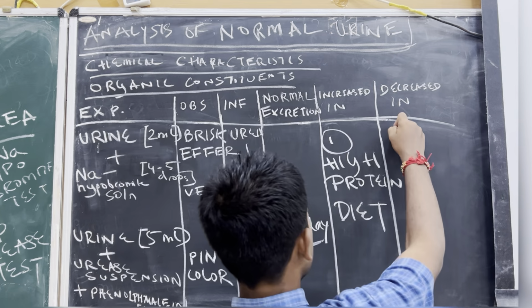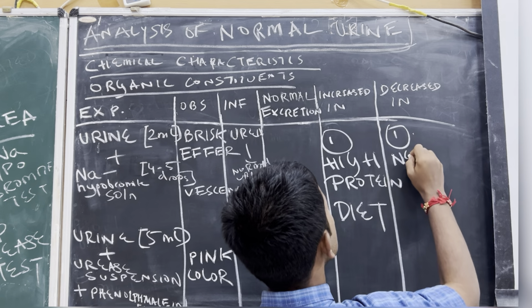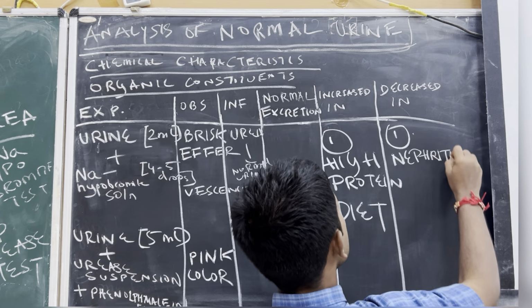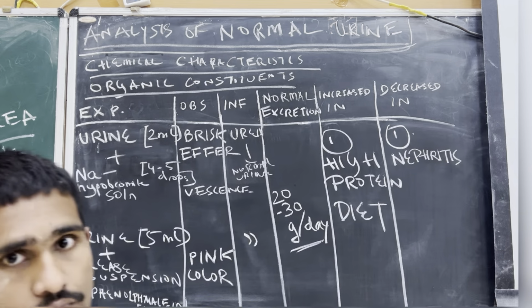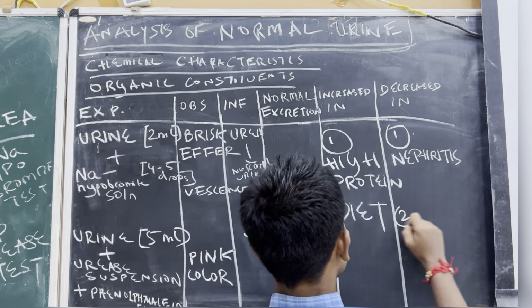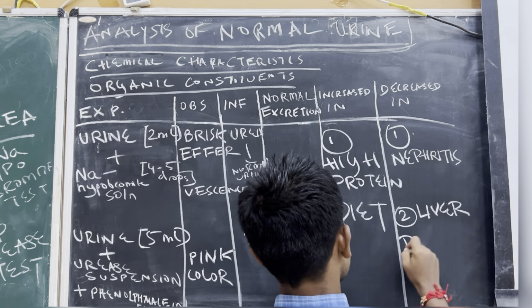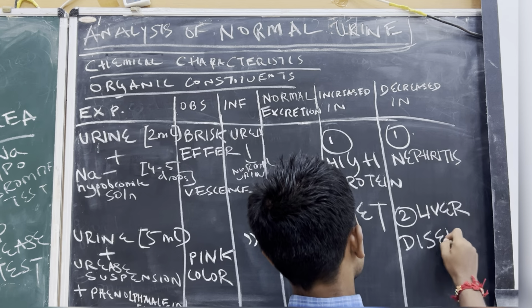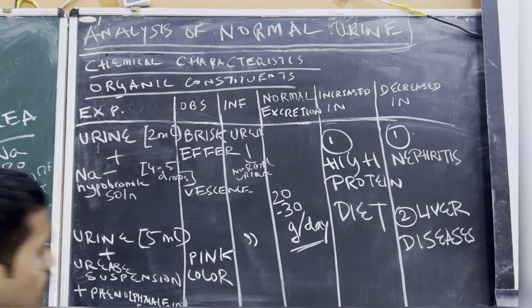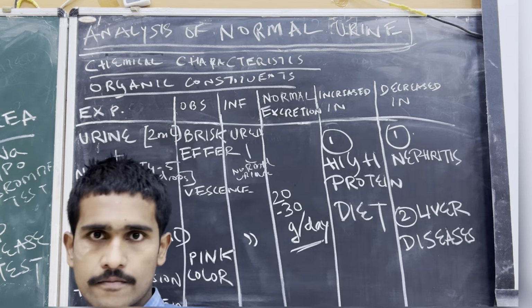Urea excretion is decreased in, one, nephritis, two, liver diseases. So that was about urea.